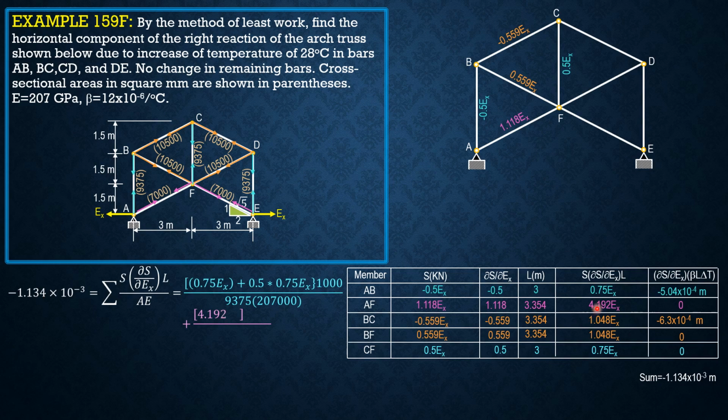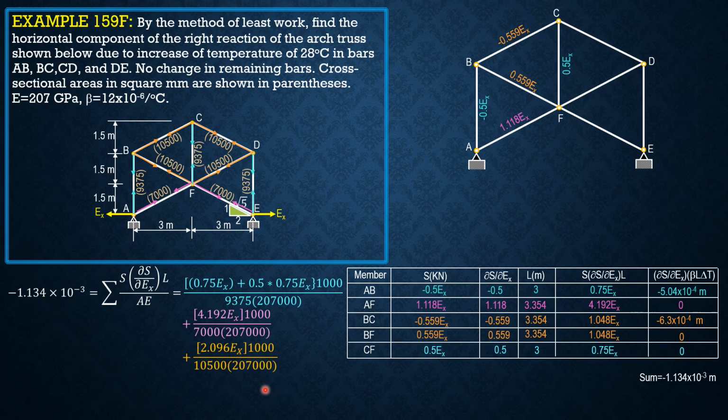Then for the pink, 4.192 EX times 1000 over area, which is 7000, then E 207,000 megapascals. Then for the orange, we combine this, that's 2.096 times EX times 1000 over area 10,500, then E 207,000.